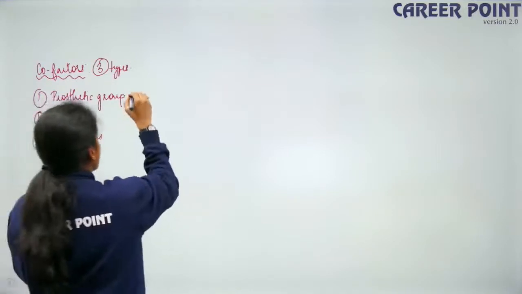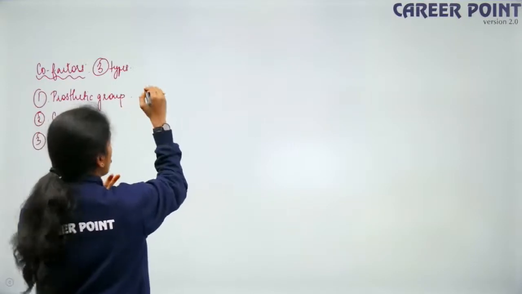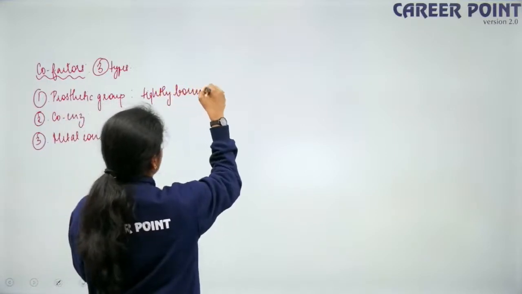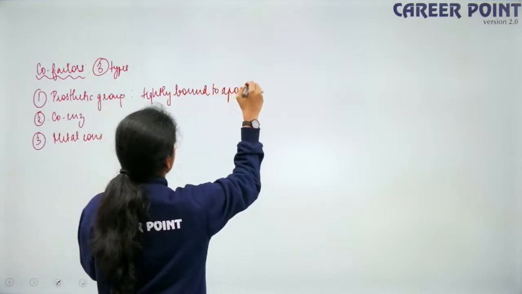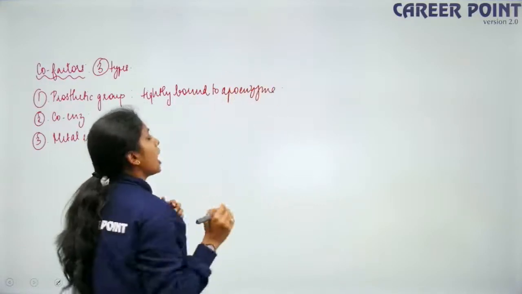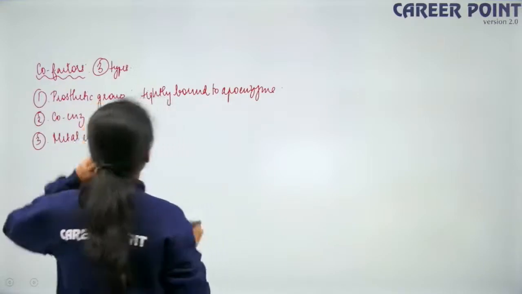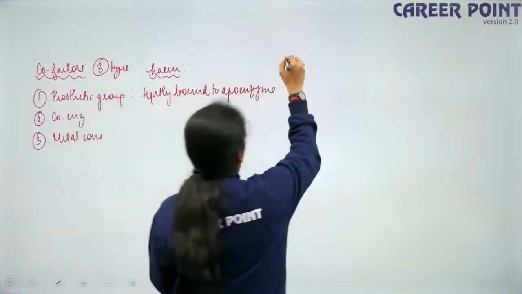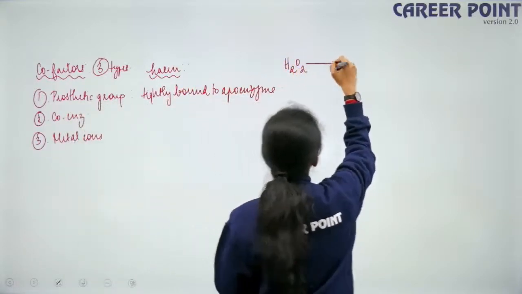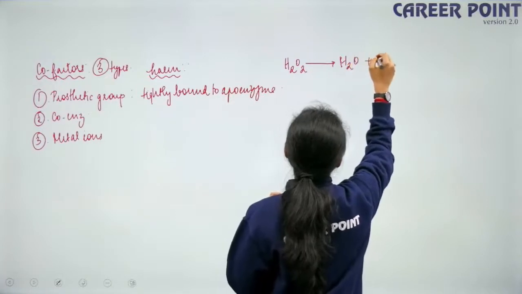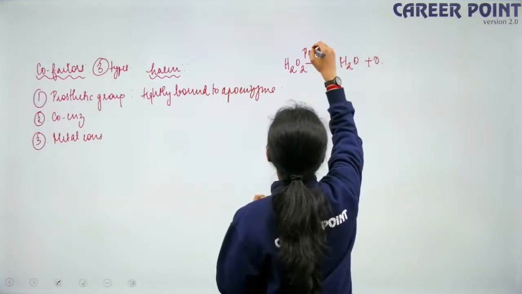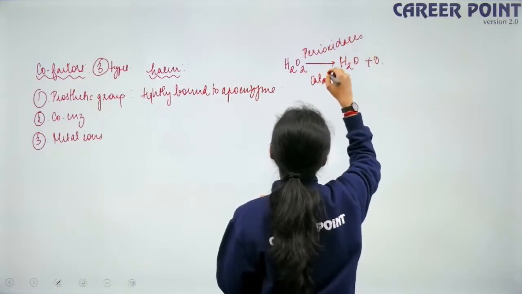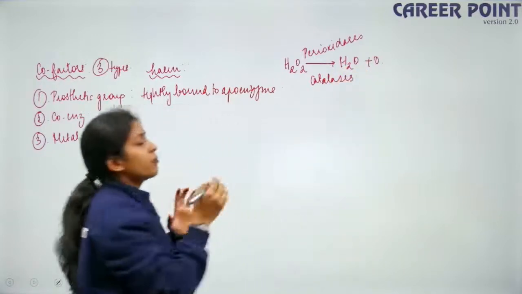The prosthetic group binds very strongly, or is tightly bound, to the apoenzyme, which is the protein part. For example, heme is a prosthetic group. Hydrogen peroxide is broken down into water plus oxygen using peroxidases or catalases. These enzymes have heme as the prosthetic group.